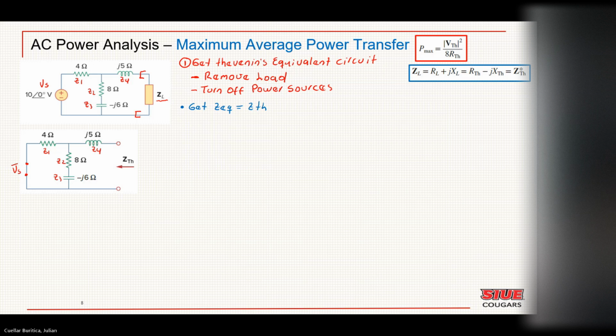Then Z2 and Z3 in series. Then we are going to have our first series impedance that is going to be equal to Z2 plus Z3. And we can see clearly that that's going to be 8 minus J6 ohms.